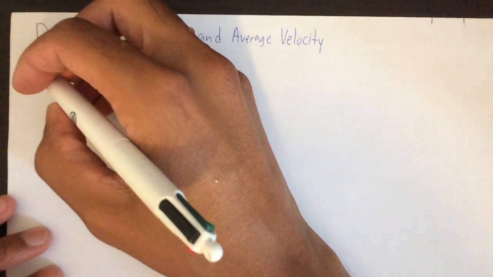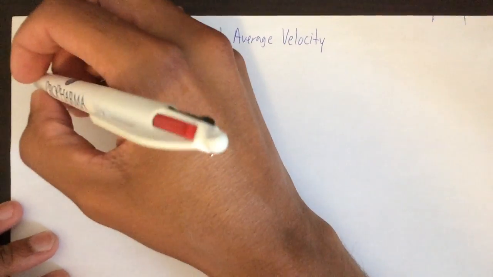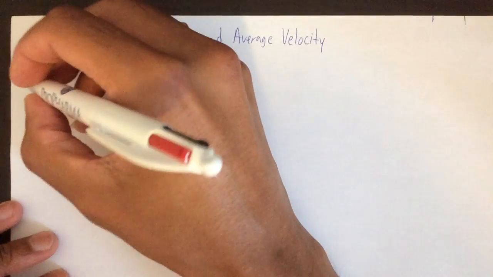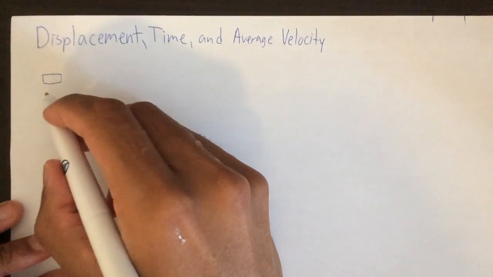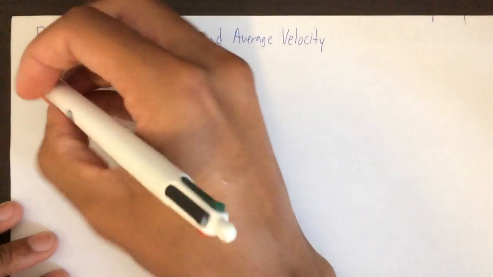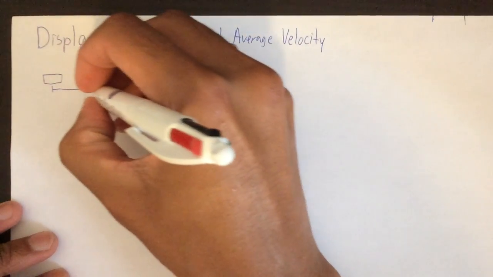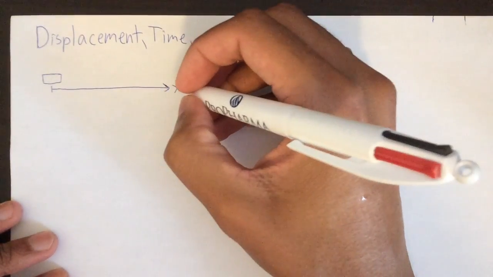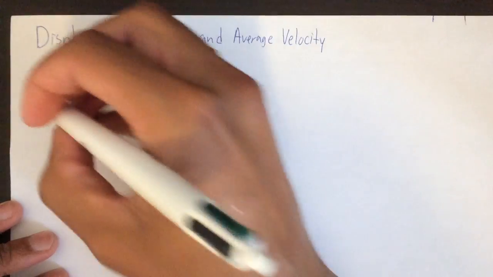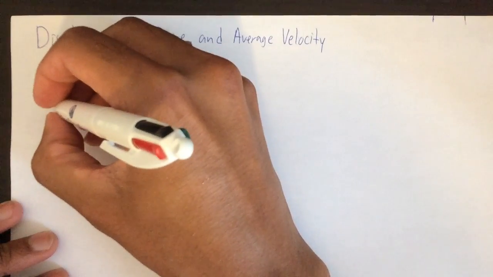So let's just say that we have some kind of car at this point here, and let's draw an x-axis, and let's say this is at time t equals 0.